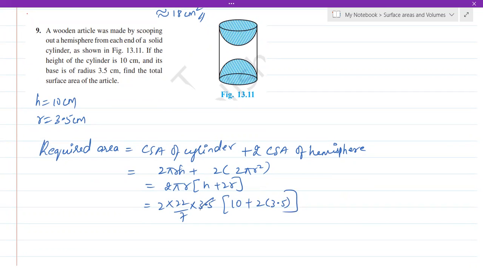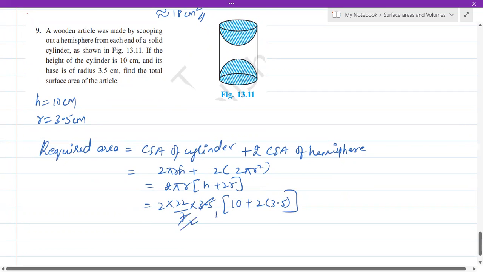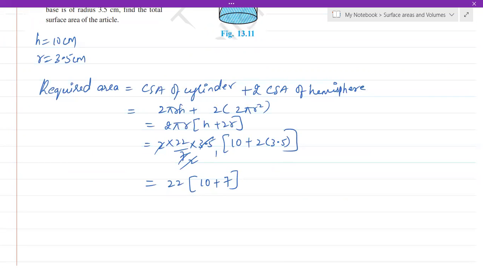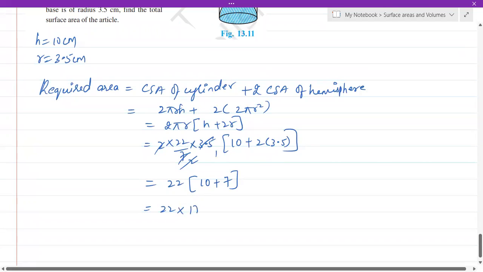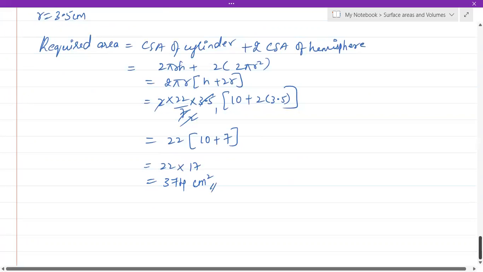Here you can cancel: 3.5 ones are 3.5, twos are 7, and 2 and 2 get cancelled. We are left with 22 into 10 plus 7, which is 17. So it becomes 22 into 17, which is 374 centimeter square. That's the required area.